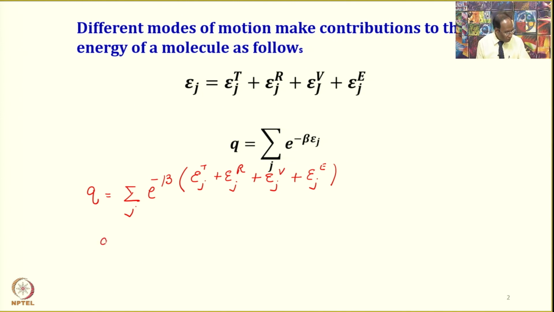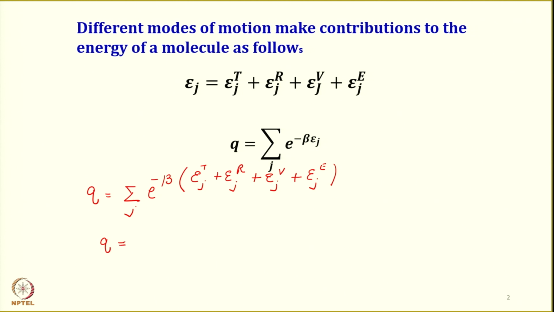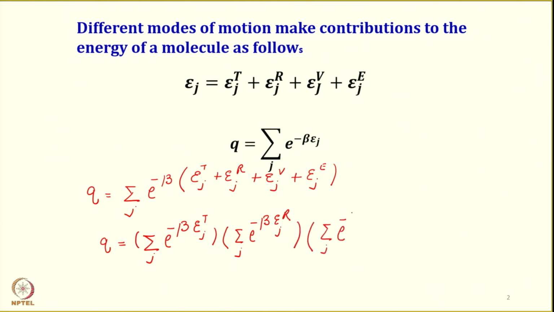I can separate this summation for individual contributions. Mathematically this is permitted. So, I can sum over all translational states, summation over j of exponential minus beta Ej rotational, then summation over j of exponential minus beta Ej vibrational.